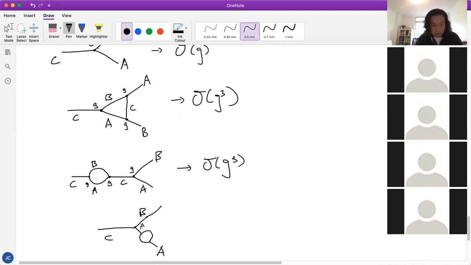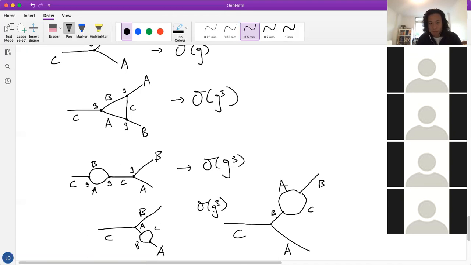So it comes out starting as A, and then it creates a C and B pair, and the C and B recombines to create A. And then the last one is just B doing the same thing. So B comes out, loops with itself of an A and C, and then stays as a B and an A here. And all these are order G cubed, because we have 1, 2, 3 vertices.